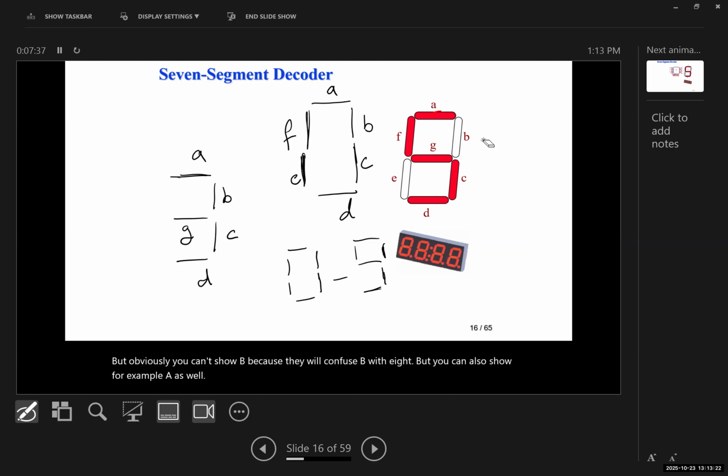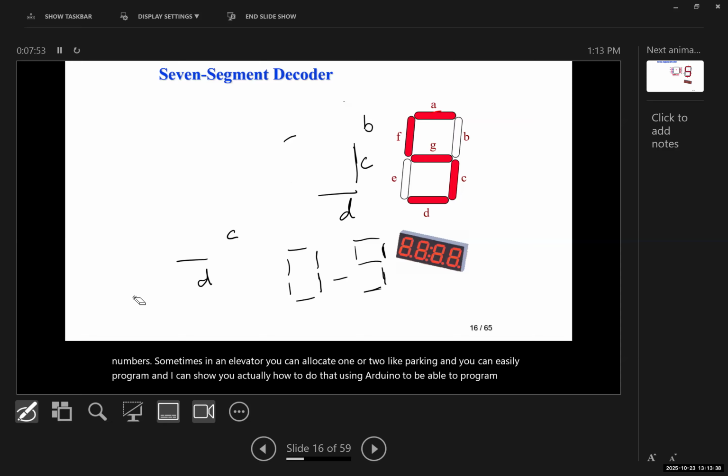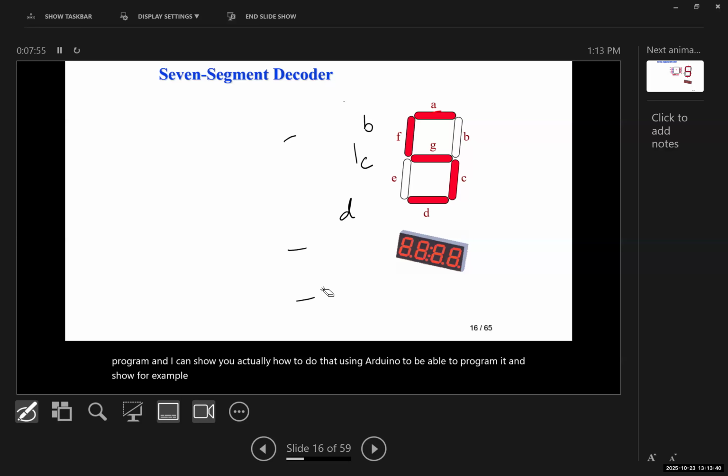So 7 segment has its limitations. Obviously, it's good for showing all the numbers. Sometimes in an elevator, you can allocate 1 or 2, like parking, and you can easily program it. And I can show you how to do that using Arduino to be able to program it and show, for example, parking or an error or something like that.